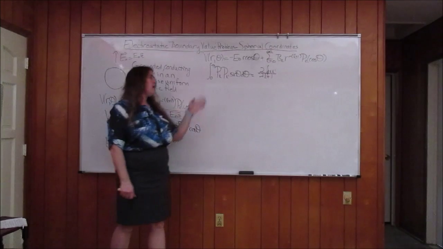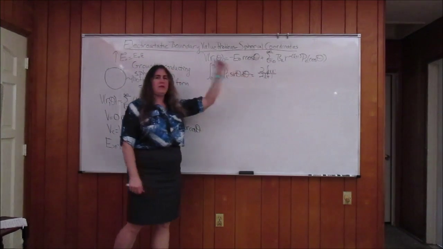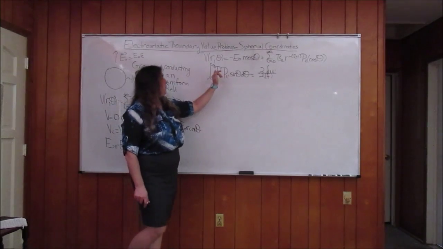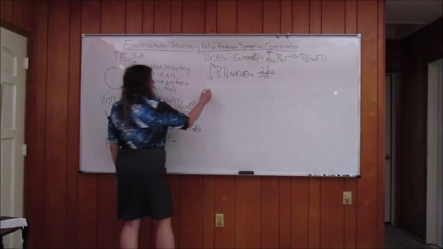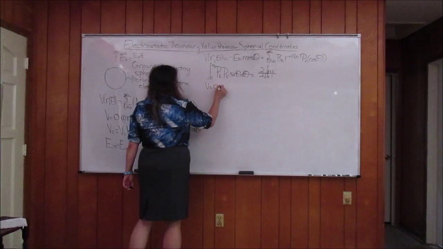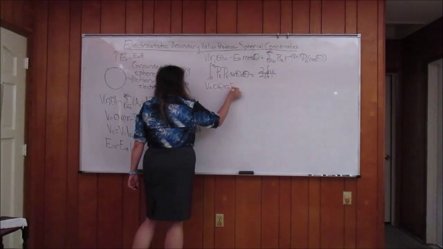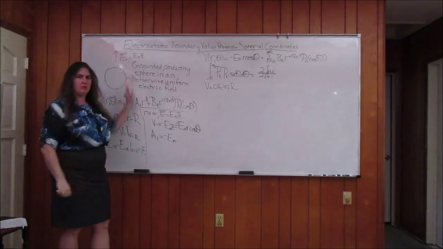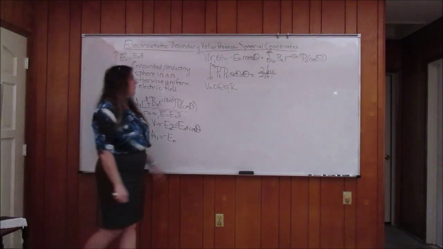So in other words, unless L is equal to L prime, this vanishes. What I'll do then is make use of the fact that the potential is equal to 0 at the radius of the sphere, because obviously the sphere is grounded, so the potential is 0 there.